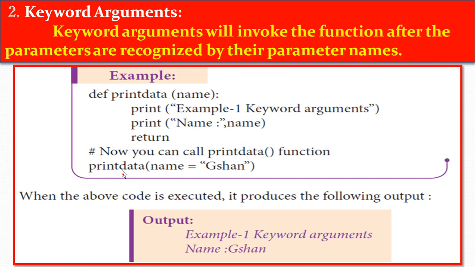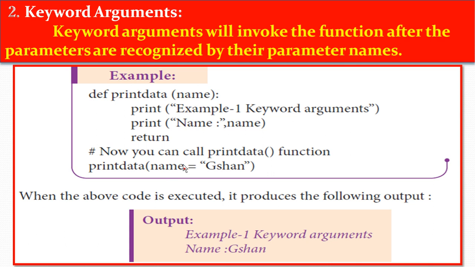In the call statement, print data name equal to Zishan, here name is the keyword argument. The names in the calling section and the function defining section must be the same.